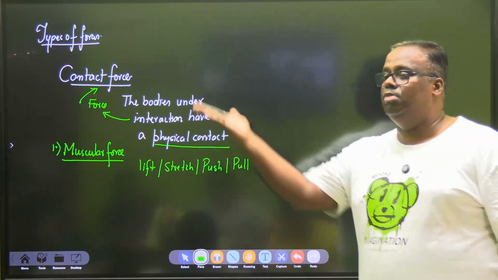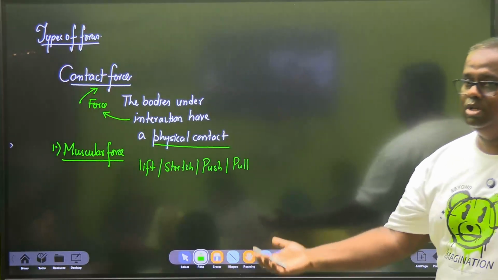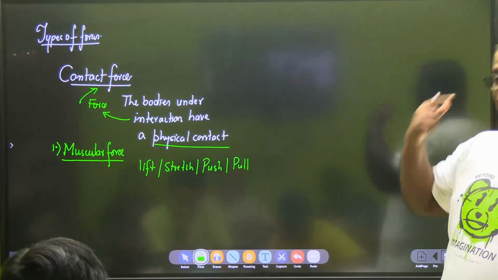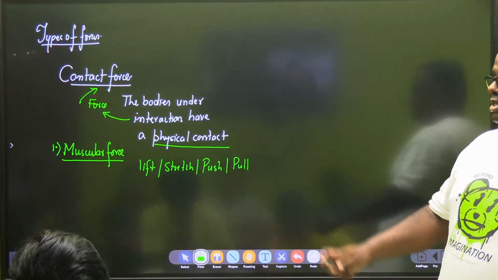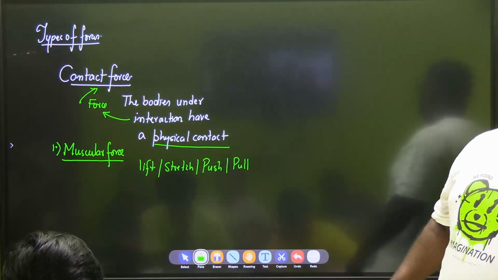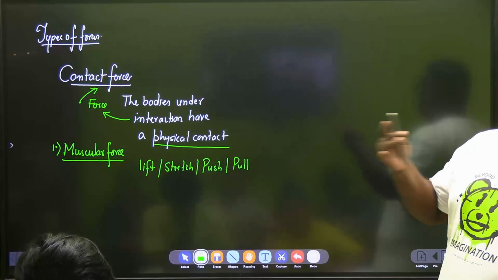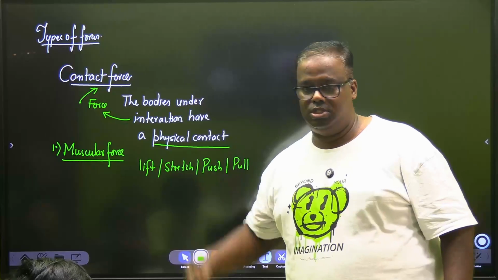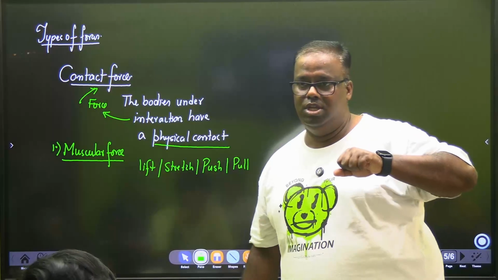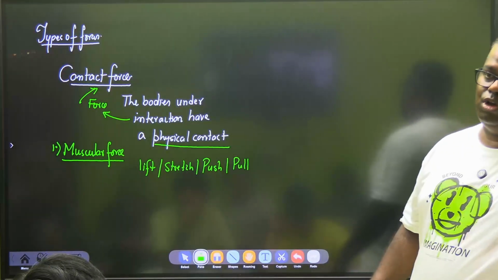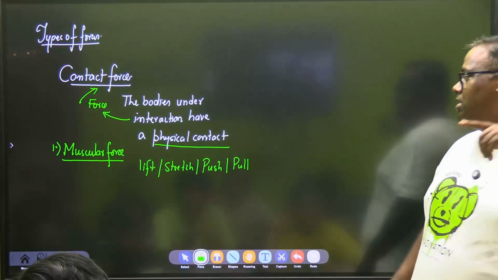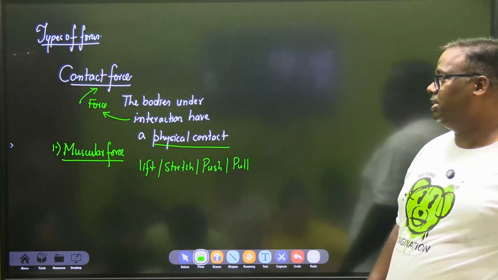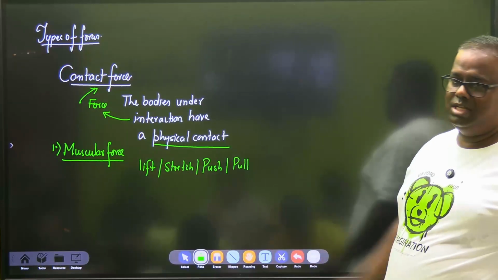I can push it upwards, I can pull it downwards, I can twist it, rotate it, stretch it, whatever it is. But I cannot just have this suspended in the air and say, abracadabra, pull it, और ये pull हो जाएगा. ऐसा नहीं हो सकता है, because I am applying muscular force, है ना? Muscular force. So muscular force is an example of contact force in which the two bodies undergoing interaction must be in physical contact. You're able to understand muscular force?